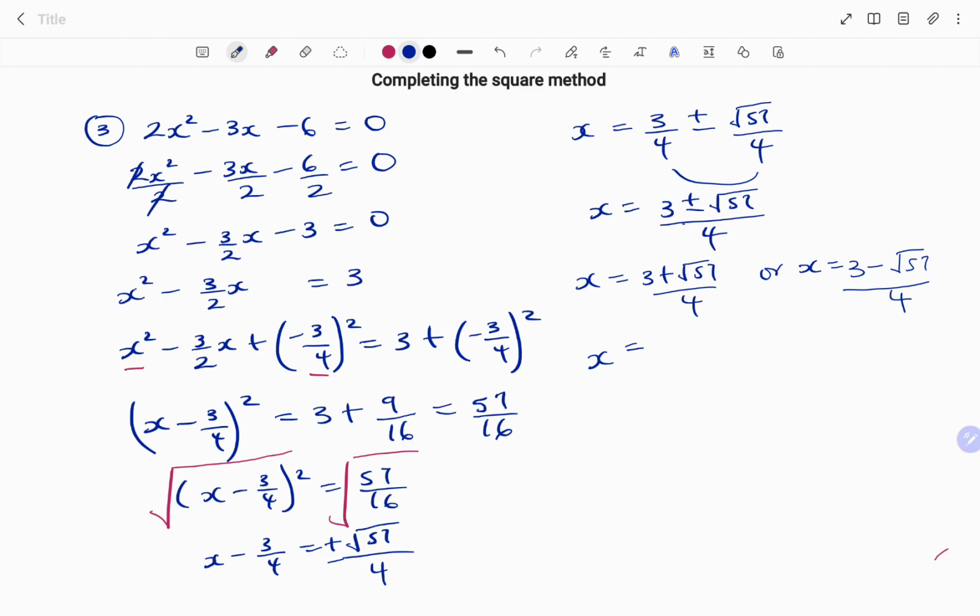If you punch that in on your calculator, we're going to have 2.64. And if you punch in 3 minus root 57 over 4, we're going to have x equals minus 1.14.